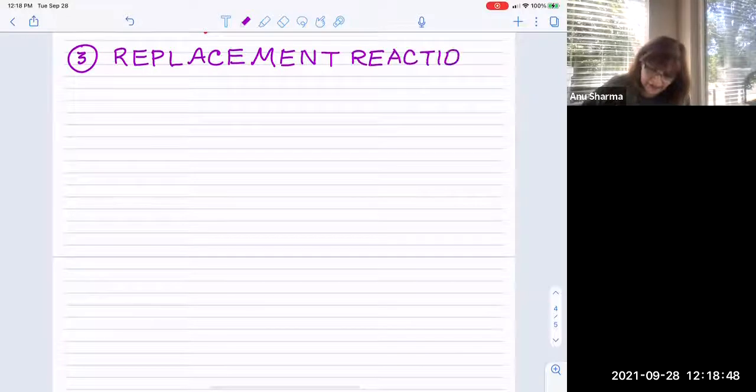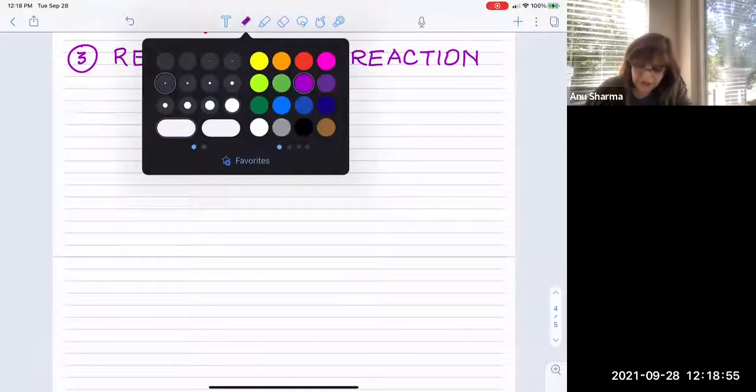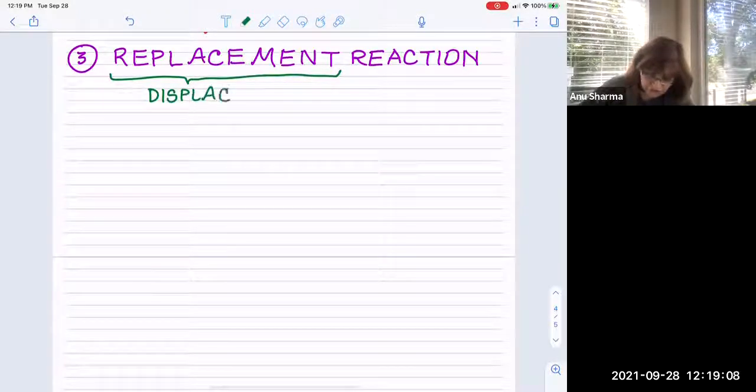Ideally, we go into more detail here. Replacement also means displacement. It means the same thing, interchangeable.